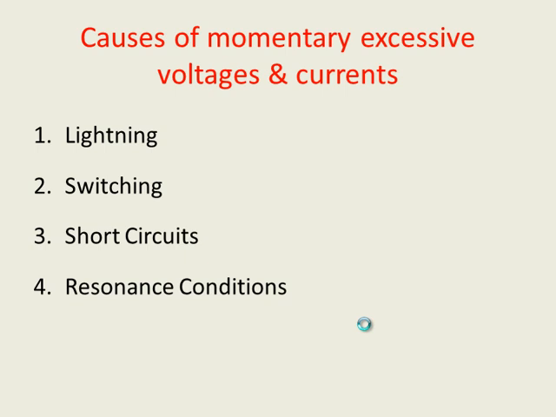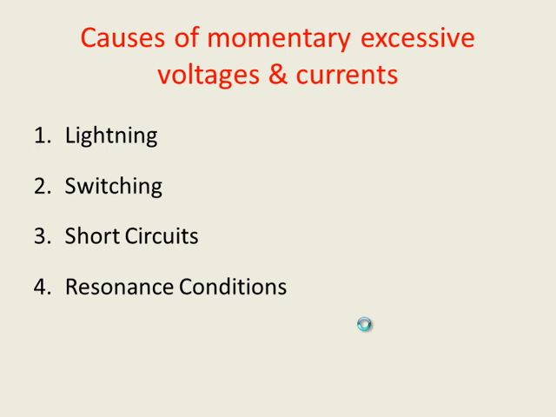The third one is short circuits. In India there are overhead transmission lines. Short circuits may be line to line, line to ground, or there may be a fall of a tree on an overhead transmission line, colliding of vehicles with poles, or colliding of electric wires, and that is related to the short.